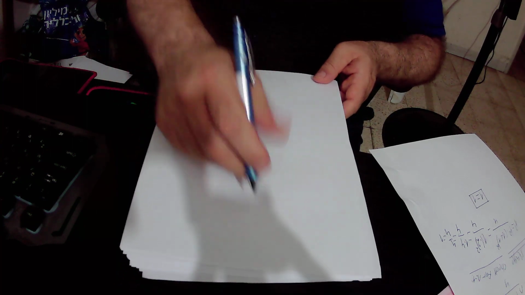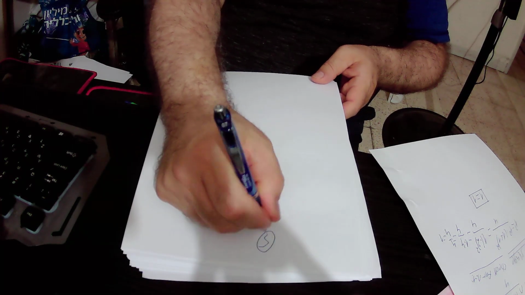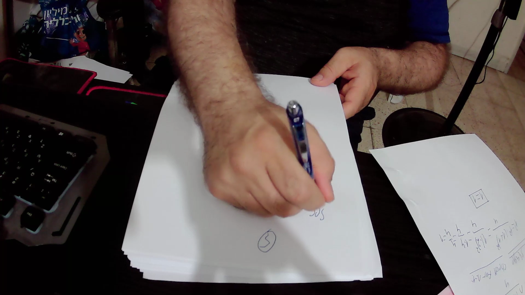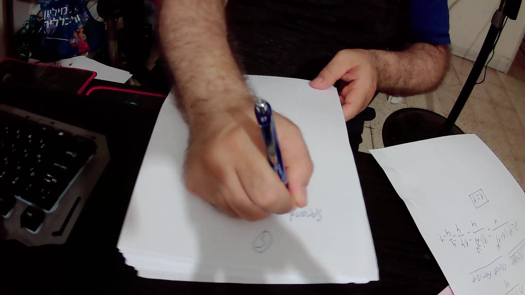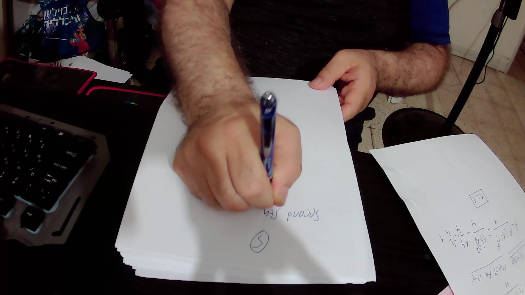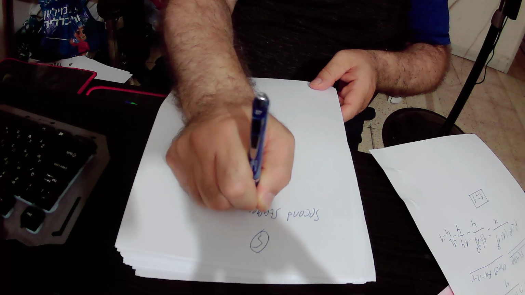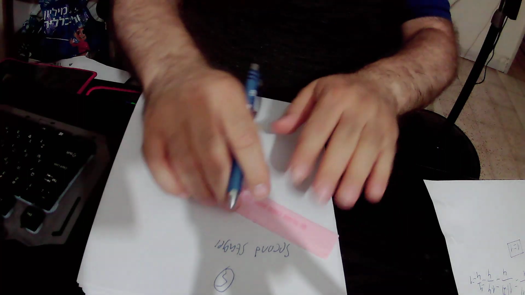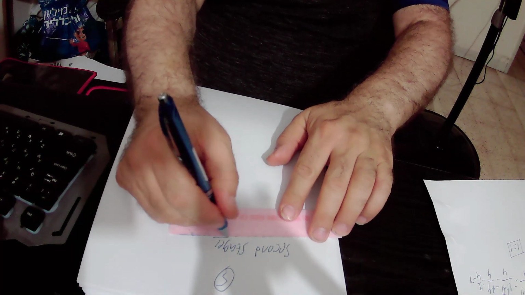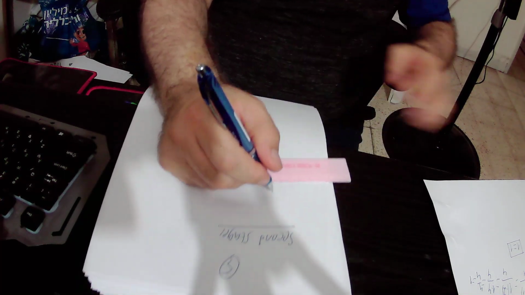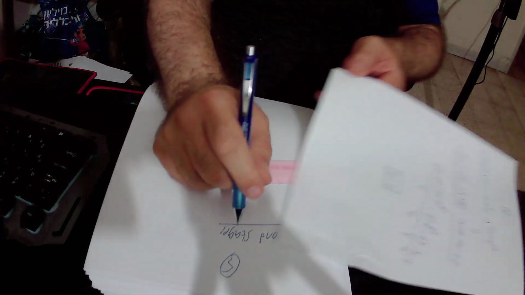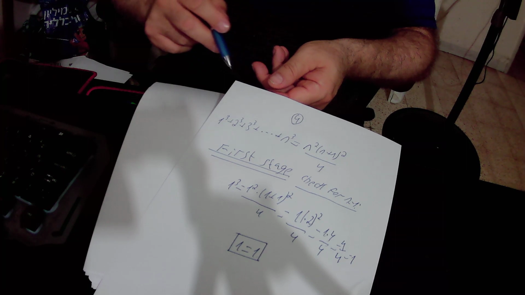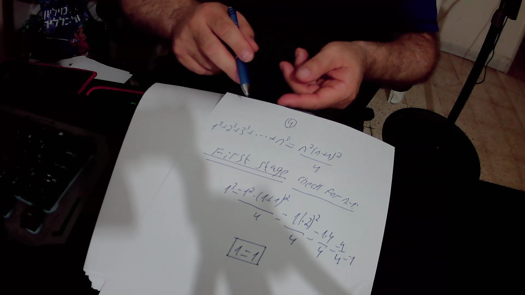So actually, in the second stage, we will create two equations. The first equation will be this original statement for n.